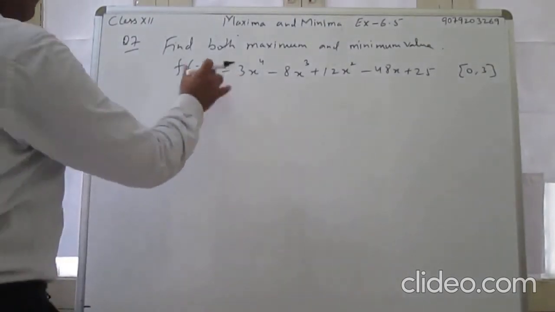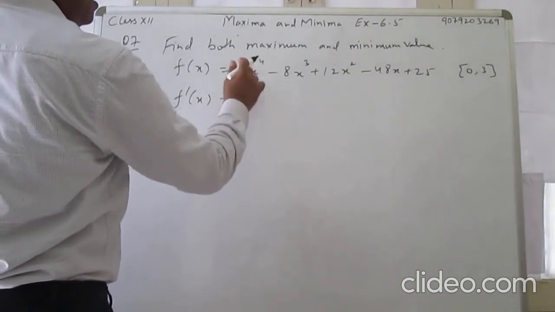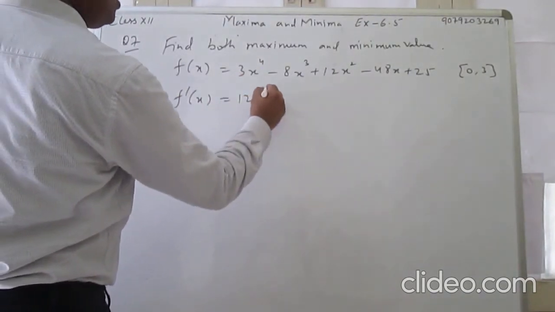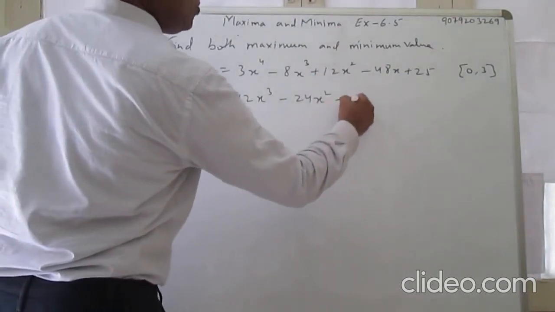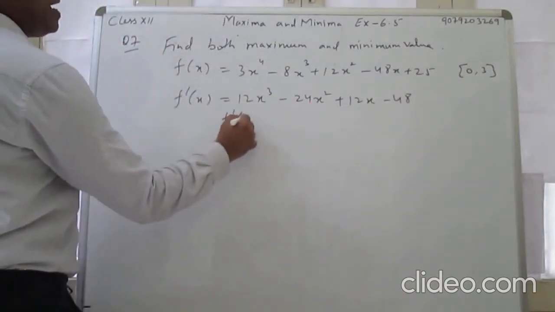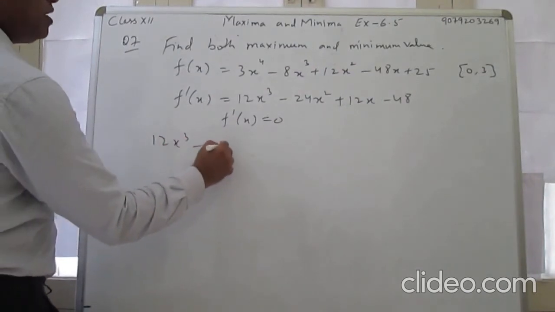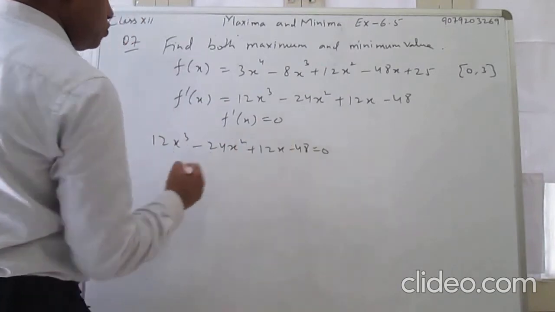Now we have to first find f dash x. x to the power 4, 4x cube into 3, 12x cube minus 24x square plus 12x minus 48. Now f dash x is equal to 0, so 12x cube minus 24x square plus 12x minus 48 is 0.